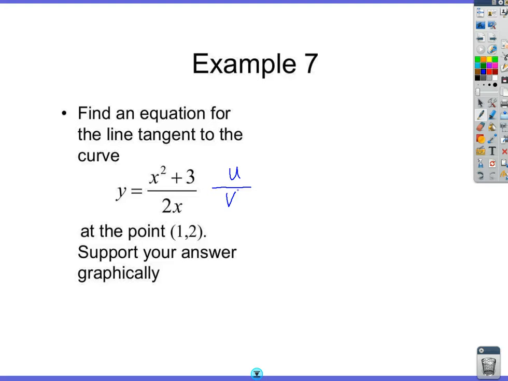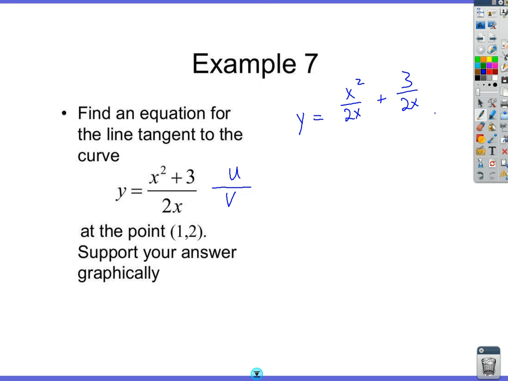But here's one of those exceptions, because you have to remember what a fraction is, right? With the denominator being a monomial, no adding or subtracting in it, I can rewrite y as x squared over 2x plus 3 over 2x.